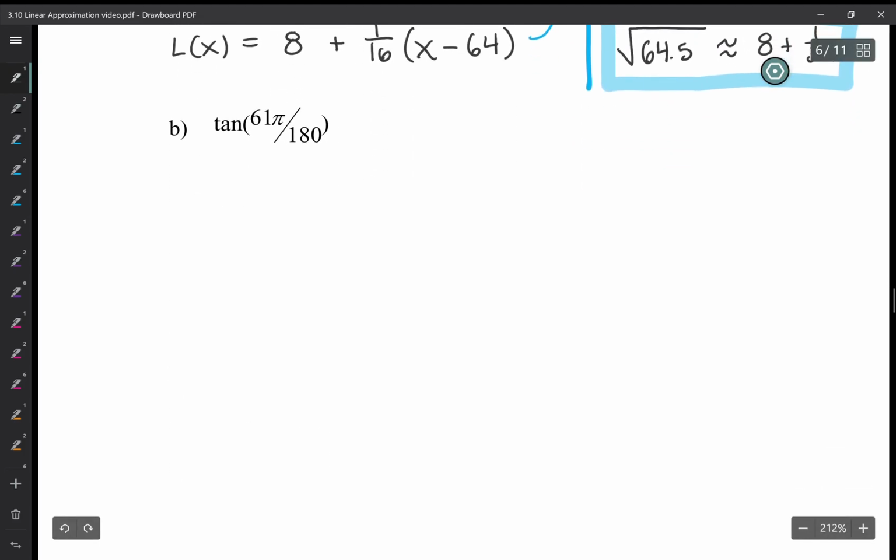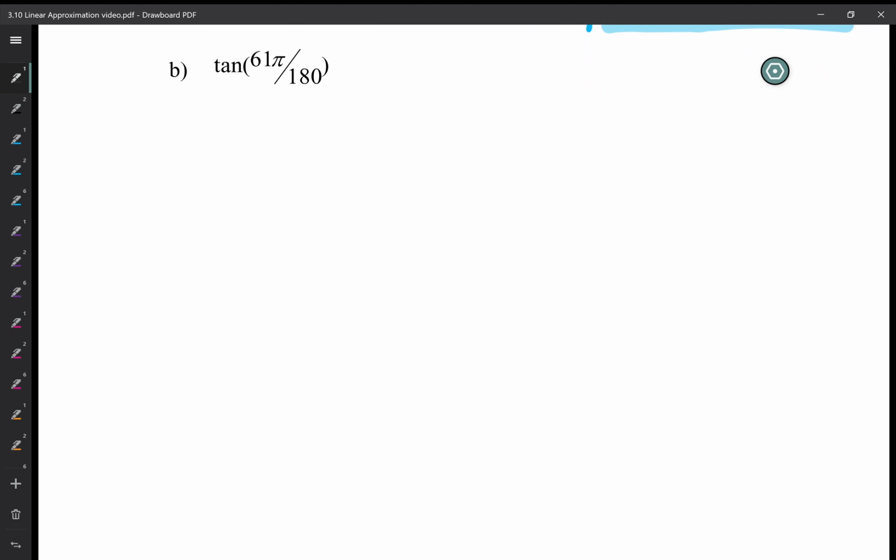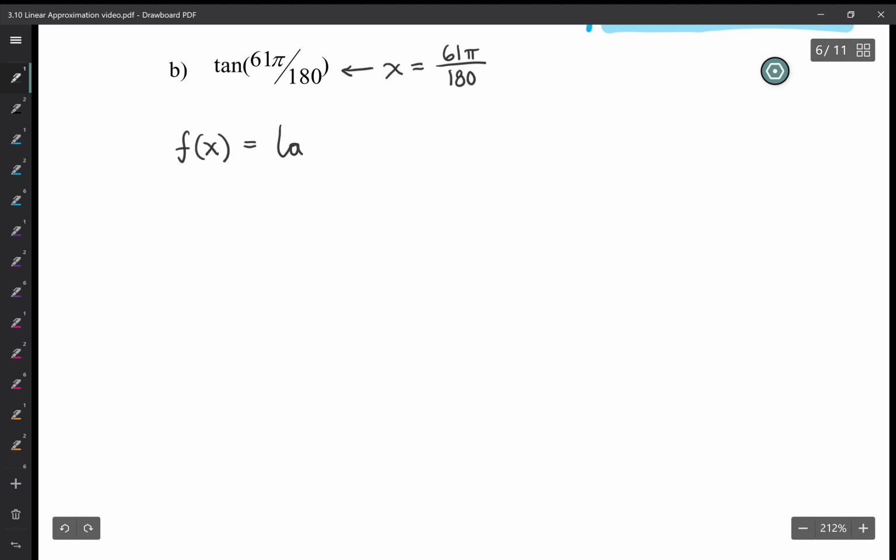Now let's take a look at approximating the tangent of 61 pi over 180. Here, x is equal to 61 pi over 180. So that means that the function that we will use to approximate this value is f of x is equal to tangent x.